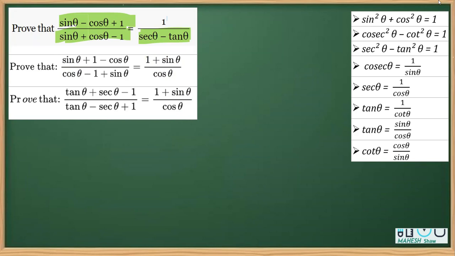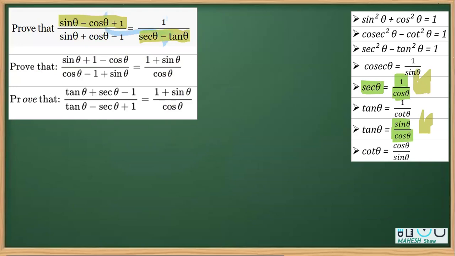You can see that sine divided by cos is tan, and 1 divided by cos is sec. So this is what we are going to keep in mind: in order to get sec and tan from sine and cos, we are going to use this and this.